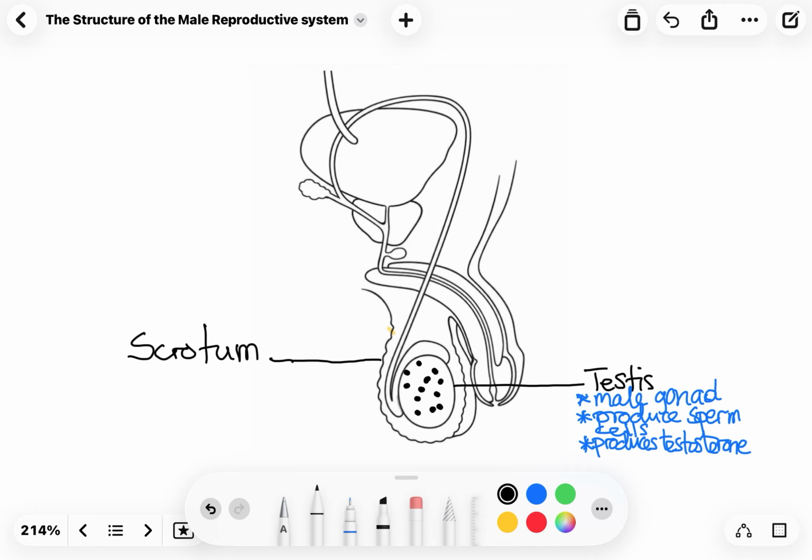The scrotum, like I said, is made of skin. So it's a skin sac. What does it do? It protects the testes.